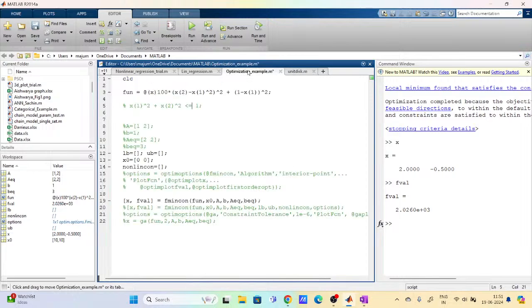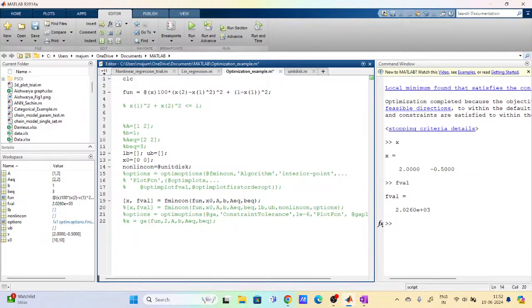Now go to the main function. For the nonlinear constraint, you just need to call the function. How to call the function? In MATLAB, to call any function, you write @ and the name of the function. What is the name of the function? Unit disk.